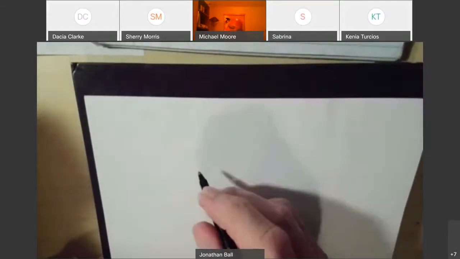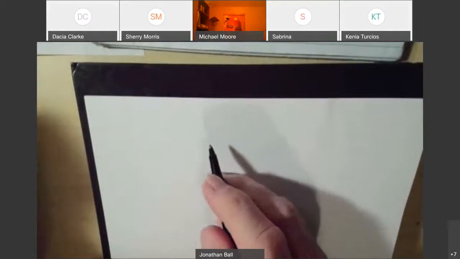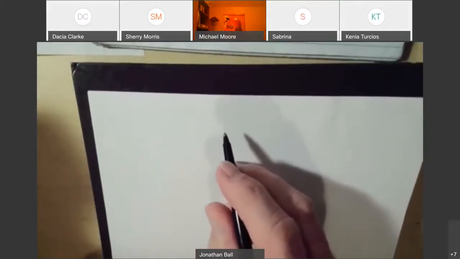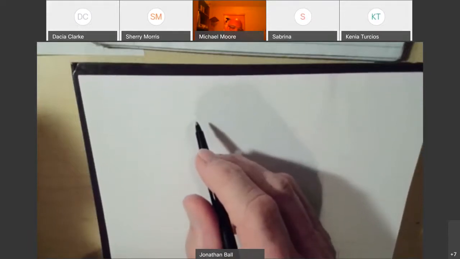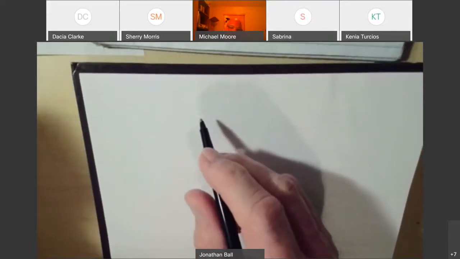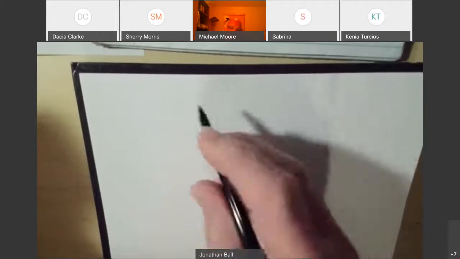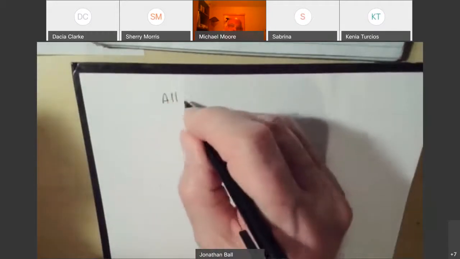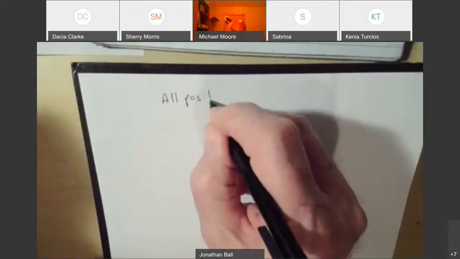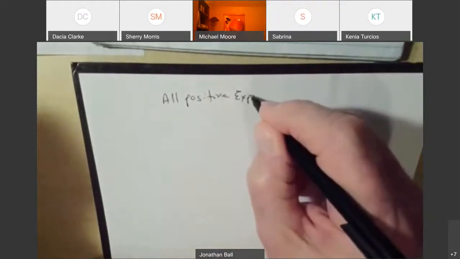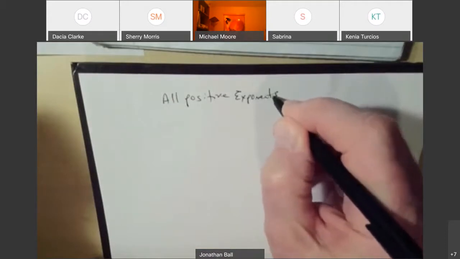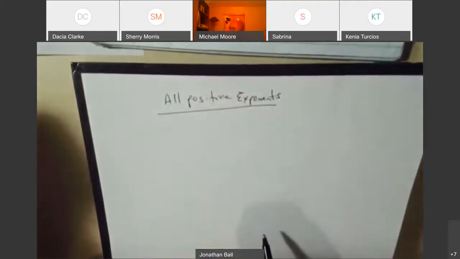Okay. Now, what if you have negative exponents? If you have a negative exponent, it's real simple how to deal with it. Remember that the instructions typically want all positive exponents.